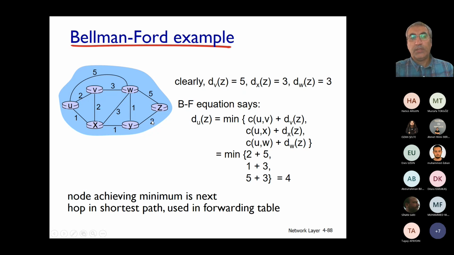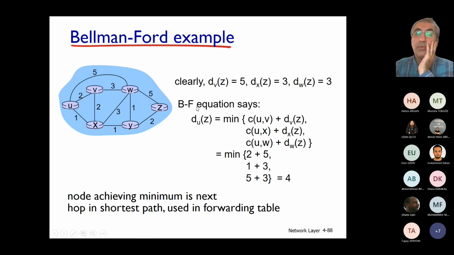Let's start with the first neighbor, which is v: the cost c(u,v), equal to 2, plus dv(z). The second neighbor is x: c(u,x) plus the minimum distance vector from x to z. And the third neighbor is w: c(u,w) plus the minimum distance vector from w to z.